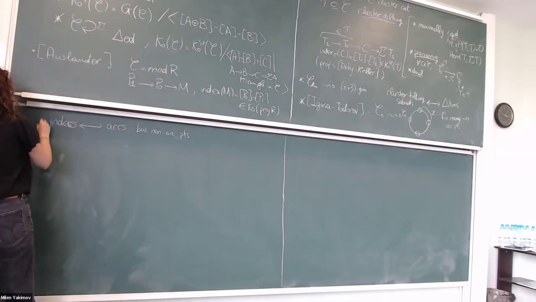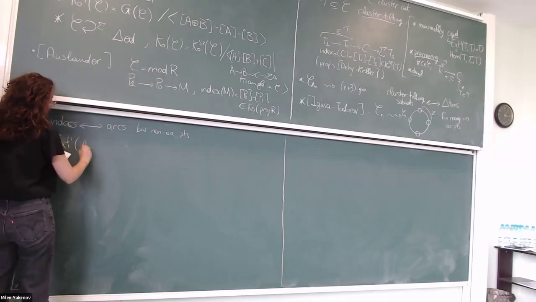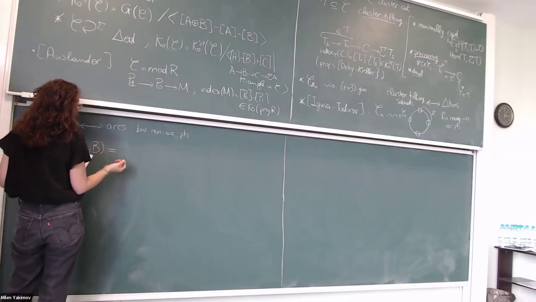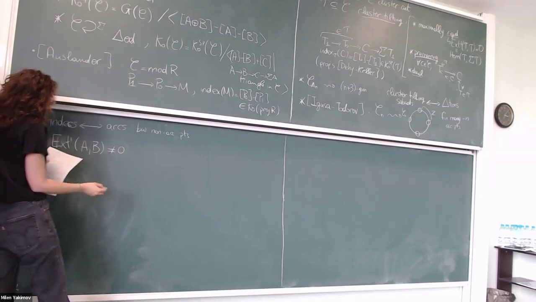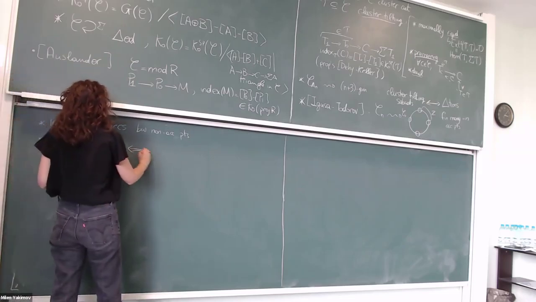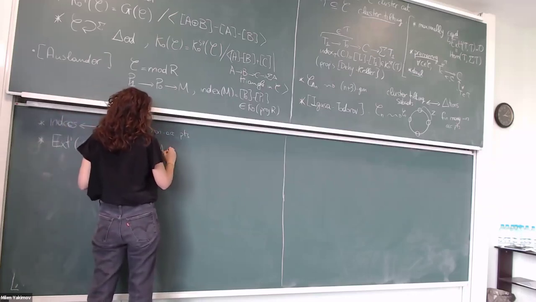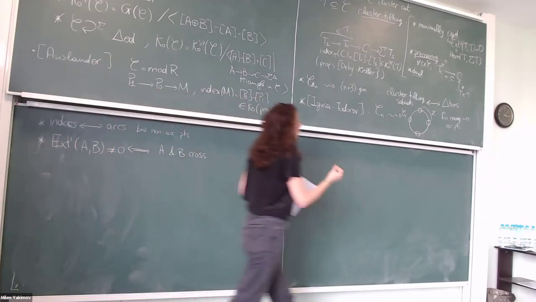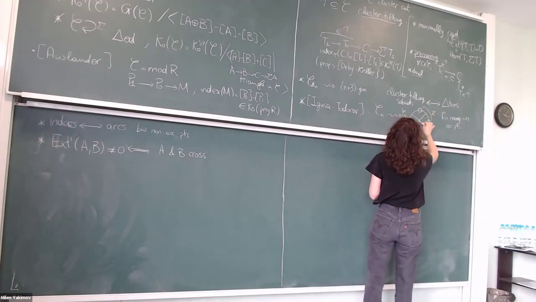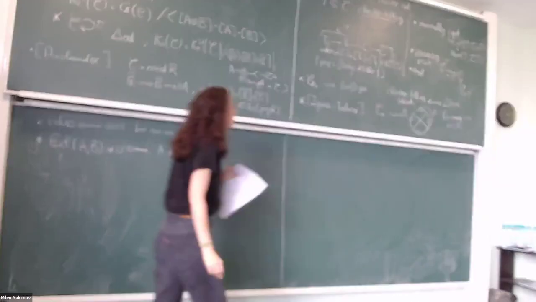Then we still have that Ext^1 between two indecomposables is non-zero, and if it's non-zero, it's actually one-dimensional, if and only if the corresponding arcs cross, so A and B. So, for instance, there could be something like this, or also within the same interval.